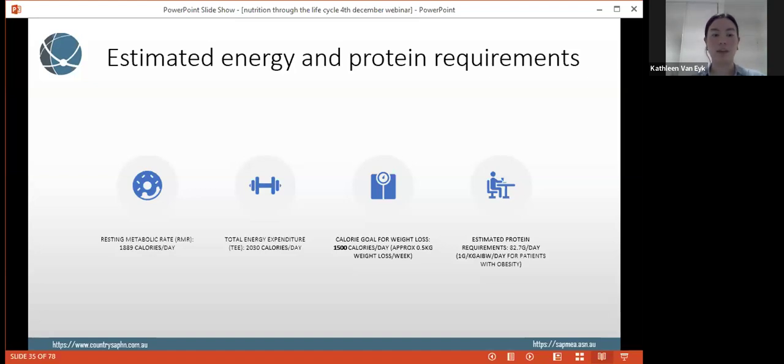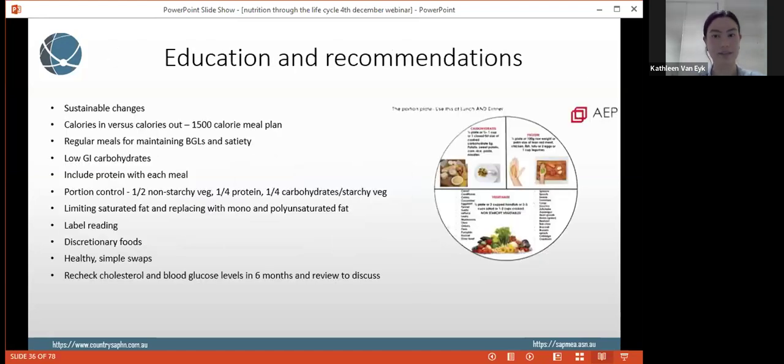So it accounts for the fact that there most likely is more fat mass there. So we're looking at almost 83 grams a day that he actually needs.